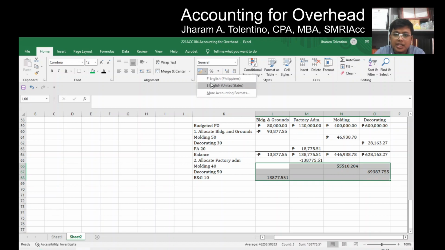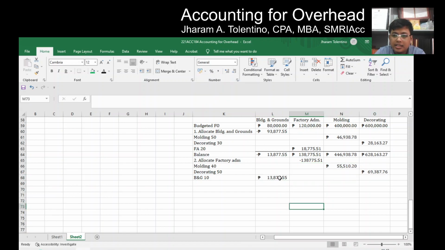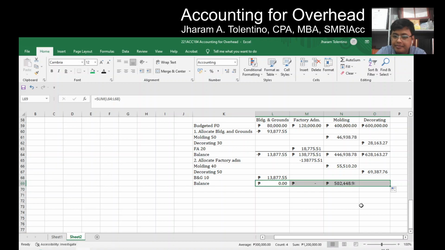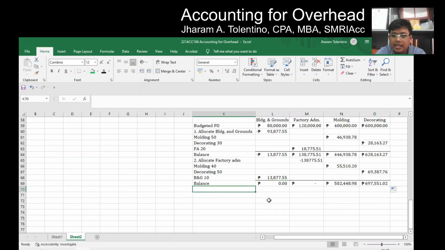So, na-magicin na lang natin yun. Hindi, joke. Pinasa-sign natin siya. Yan. So, makikita nyo, magbabalance siya. So, balance is ito sa taas. Makikita nyo na 0 na yan. See? Na-allocate na ba sila? Yes. So, ito na yung magiging total overhead cost ng producing department.